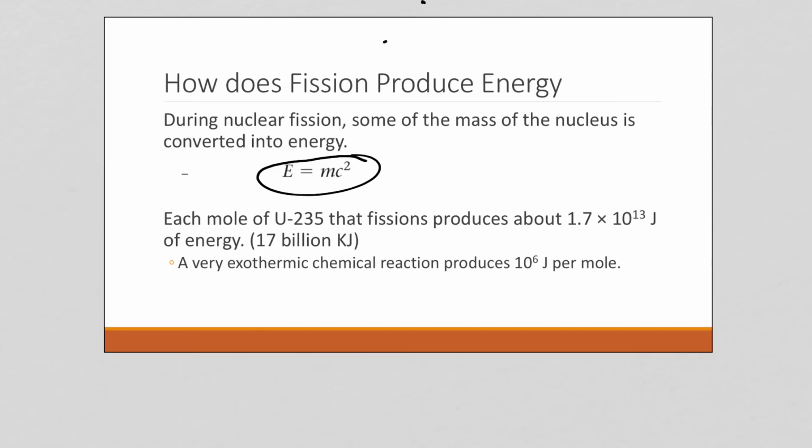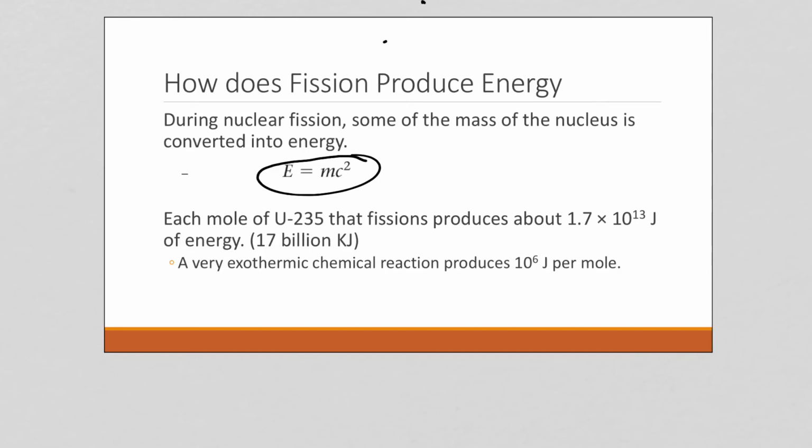So think about that a little bit, right? Uranium, element 92, has a molar mass of about 238 if we look at just normal uranium. But if we think about uranium-235, about every 235 grams of uranium-235 will produce 17 billion kilojoules.